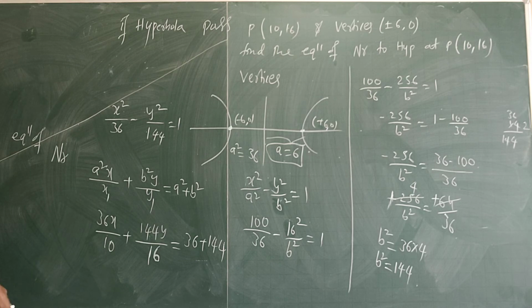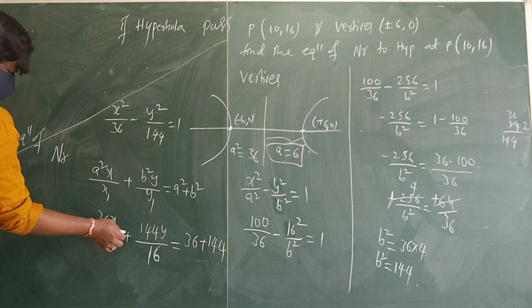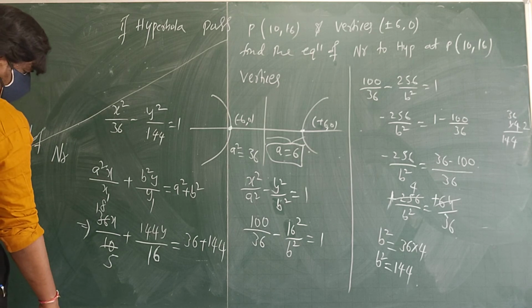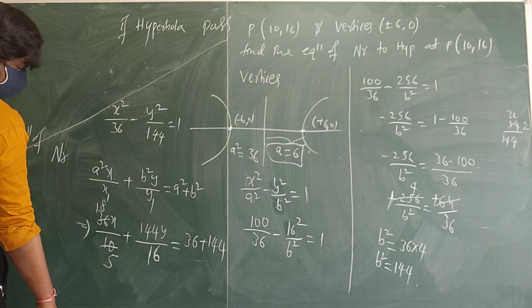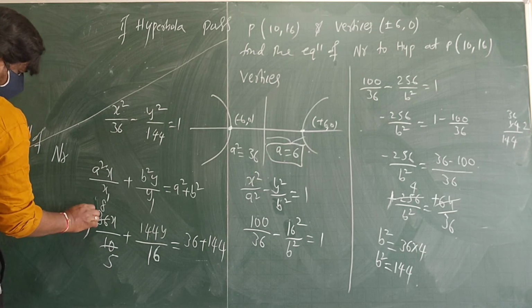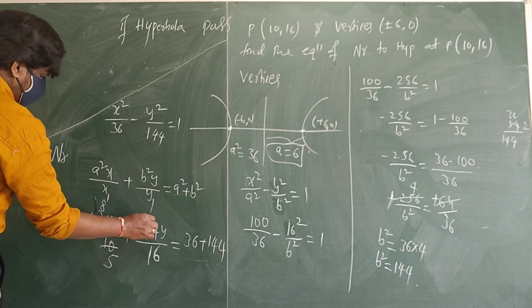Can you do it? This can be done, right? You can cancel, or just do cross multiplication, and you will get the answer. I can leave the calculation to you because it's very simple. 5 twos are 10, so cancel 2 table only.